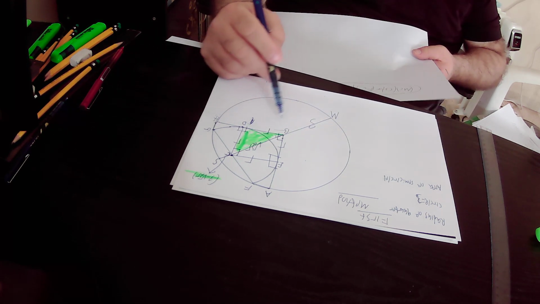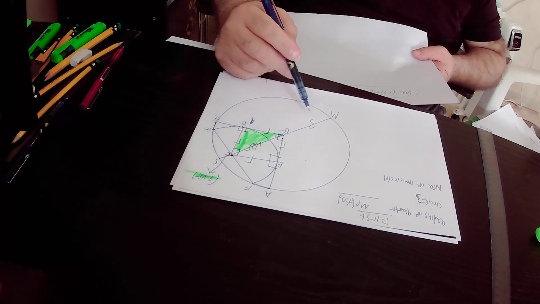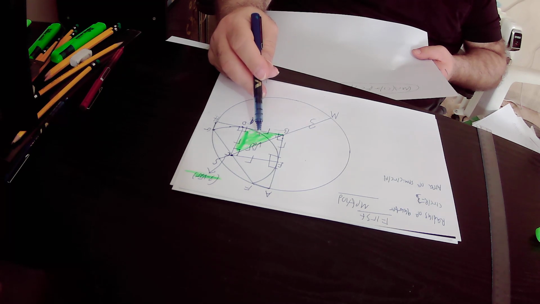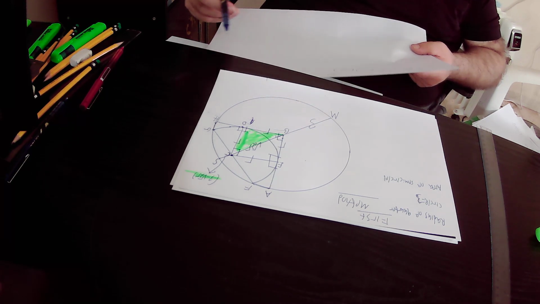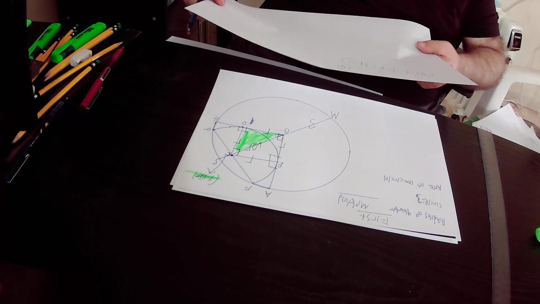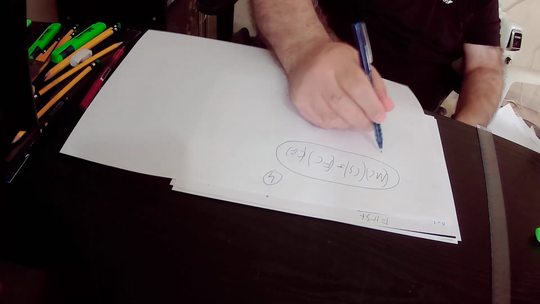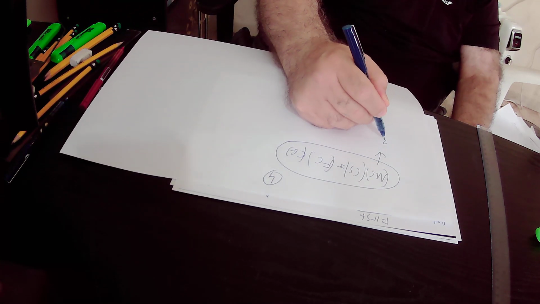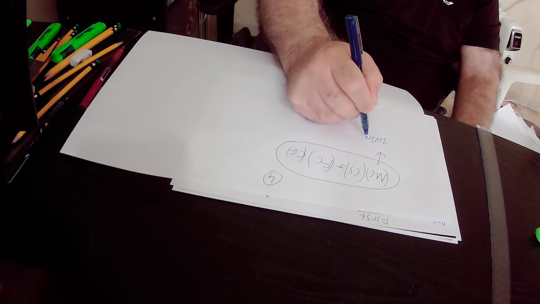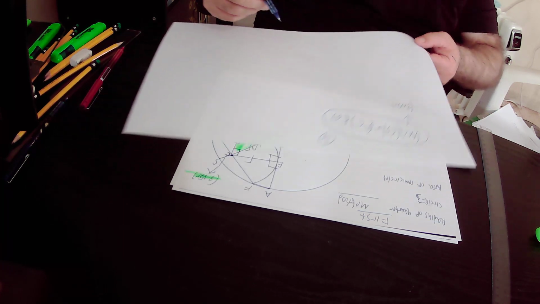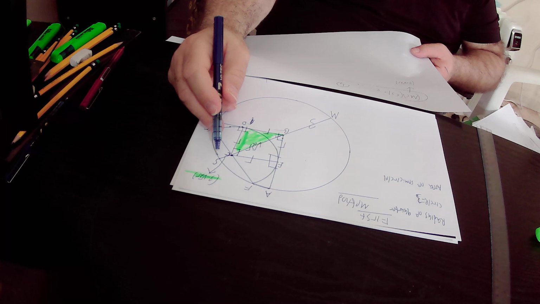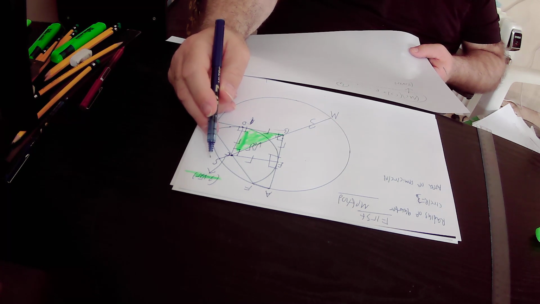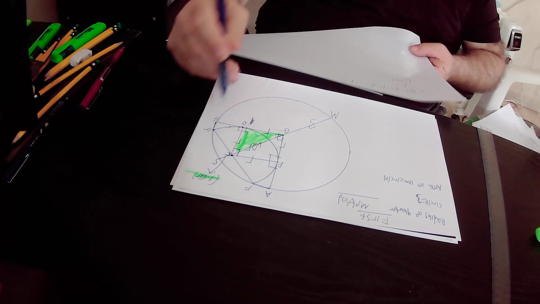MC is equal to 3 plus square root of 2R, times CS. We already found out that CS equals 3 plus square root of 2R.